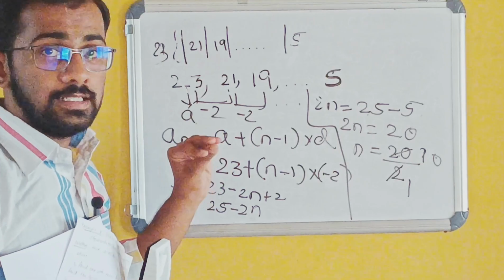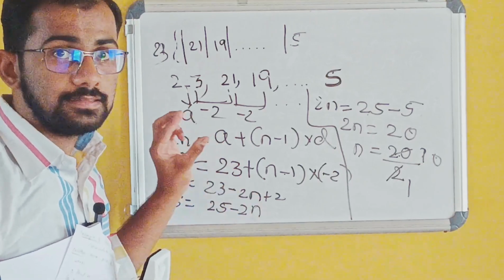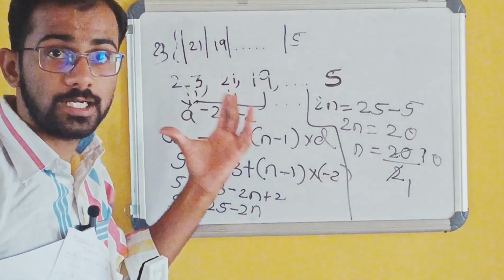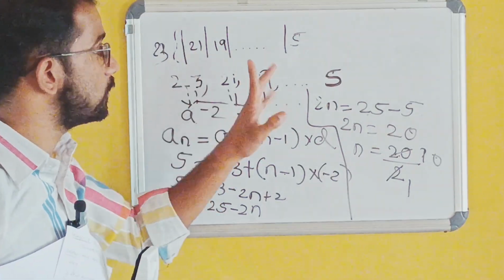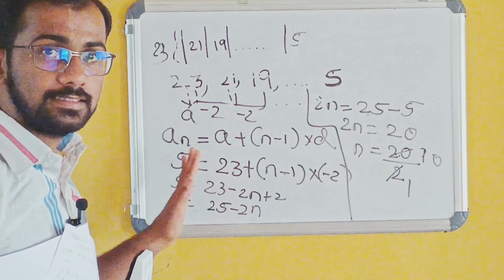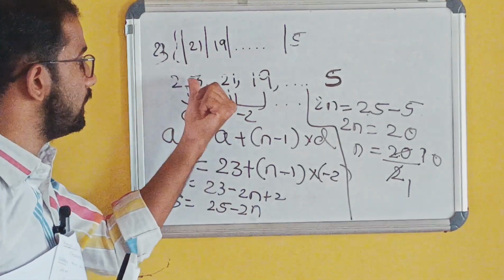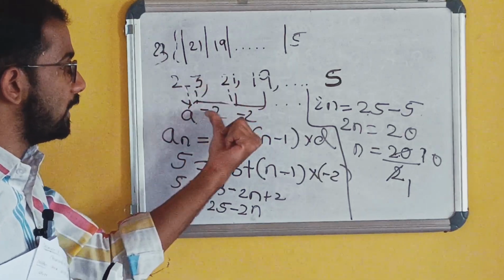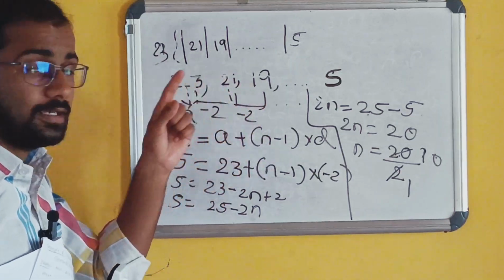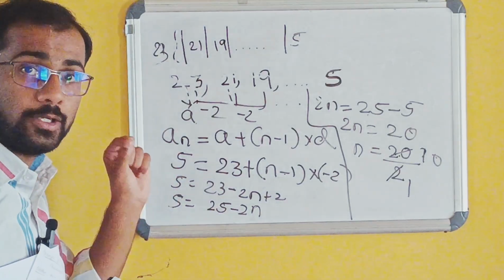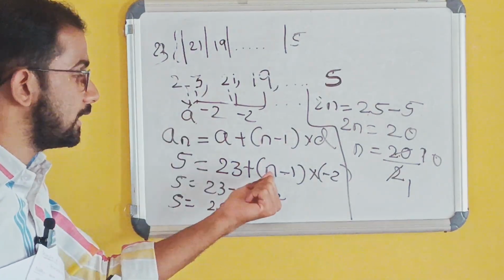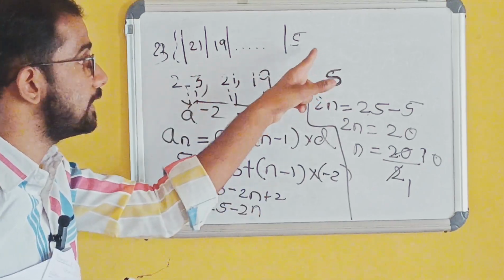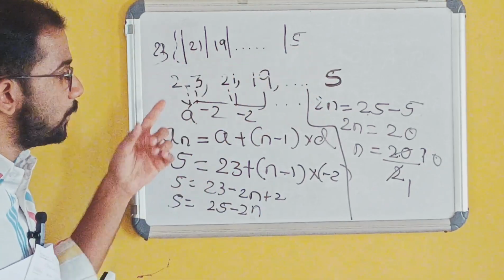The task is to find how many rows are present. Here we considered a as 23 and the common difference as minus 2. The number of rows we need to calculate is taken as n, and the number of flowers in the last row is a_n.